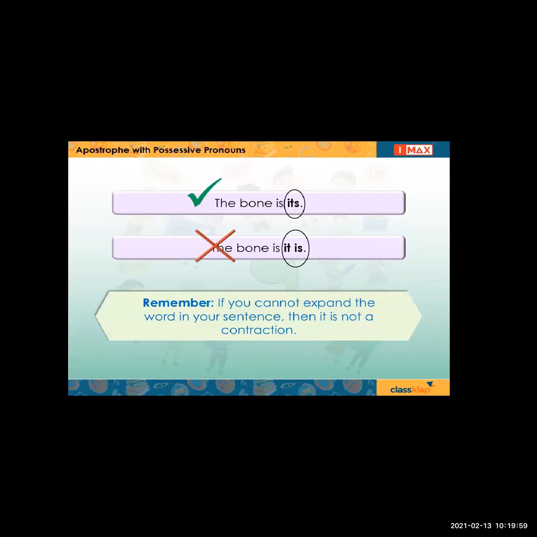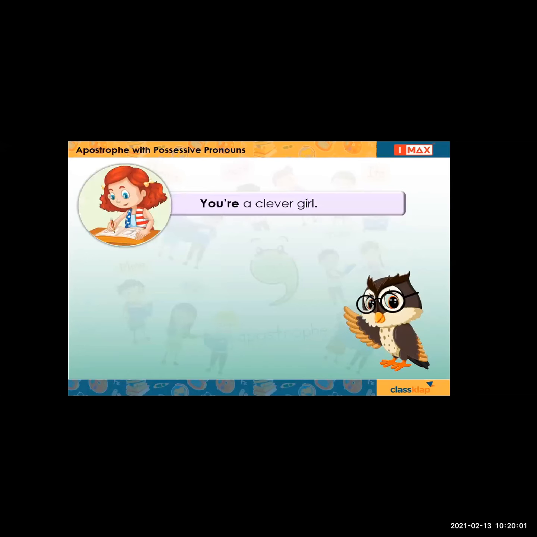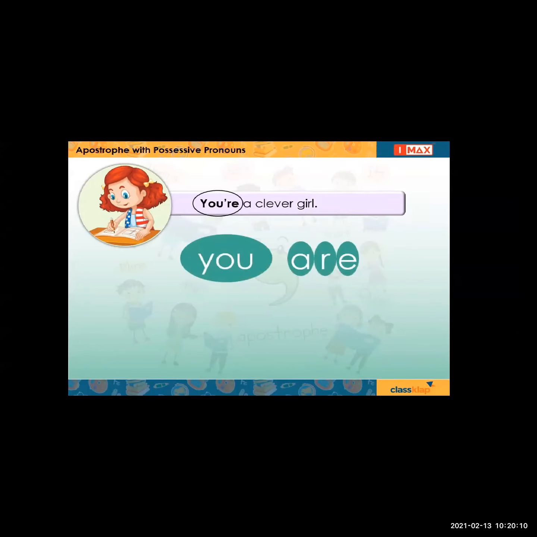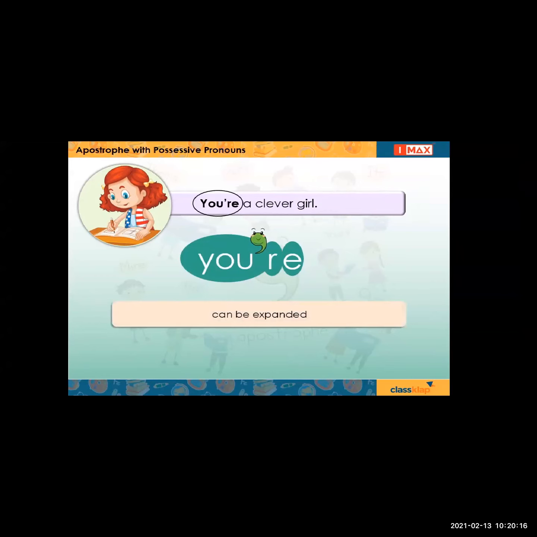Let us look at some more examples. You're a clever girl. The word you're in this sentence is a contraction of the words you are. The sentence can be expanded to, you are a clever girl. Now, look at this sentence. These glasses are yours.